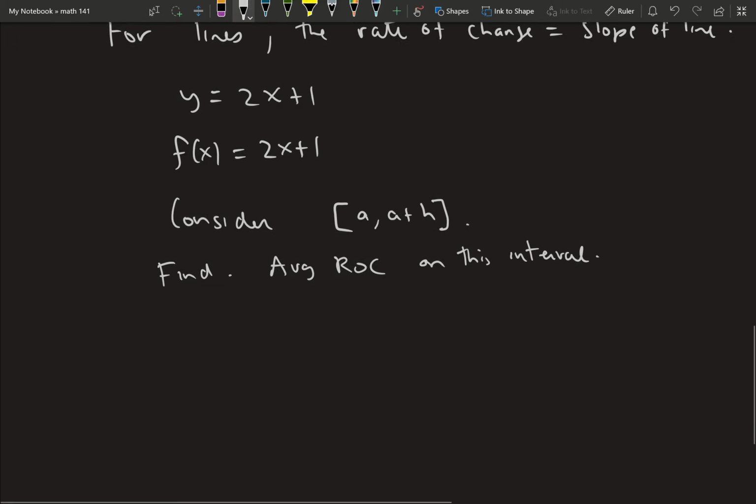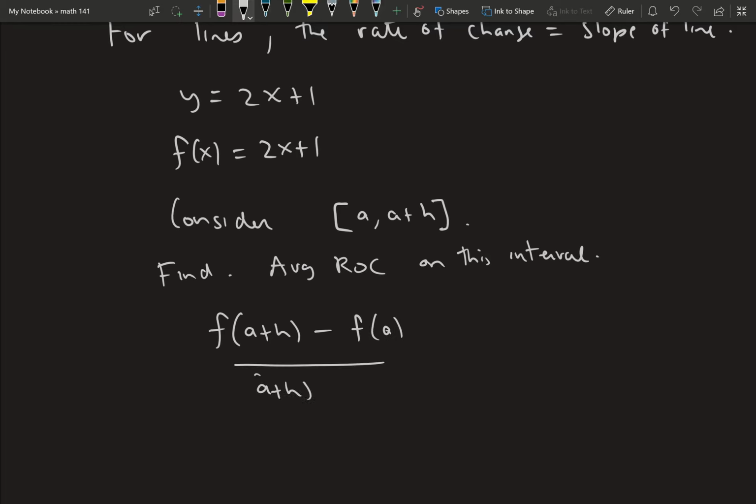Well, we just use the same formula. So we do f of a plus h minus f of a divided by a plus h minus a. And what is this equal to? This is 2 times a plus h plus 1 minus quantity 2a plus 1.